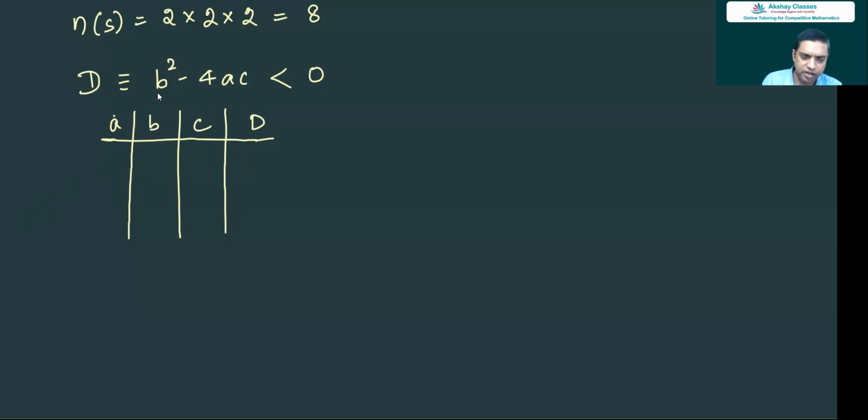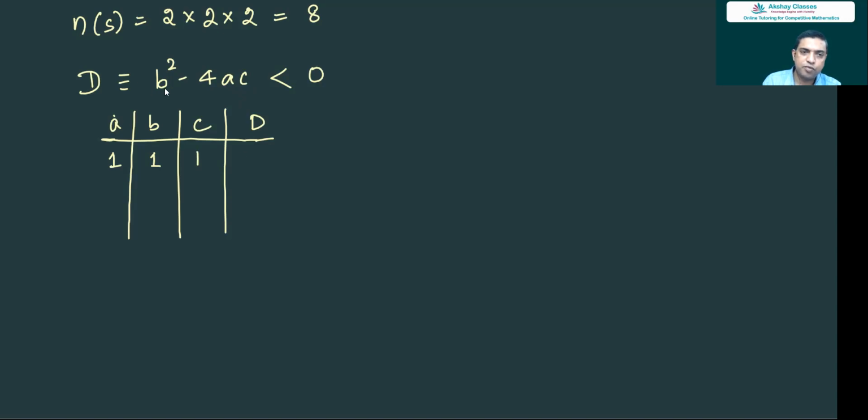If B is 1, we'll fix that first. Then A and C can either be 1 or 2, because this is 1 minus 4 times the product of A and C. Now the minimum value is 1 and 1.